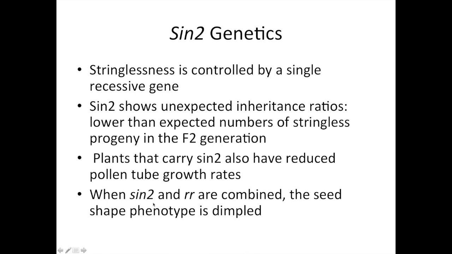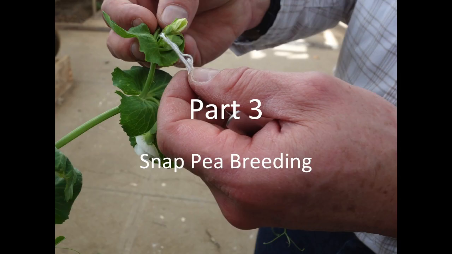Another effect of the SYN2 gene is that when you combine it with the wrinkled trait, seeds are dimpled rather than being wrinkled. This is confusing sometimes when you're making selections out in the field. So now on to snap pea breeding.